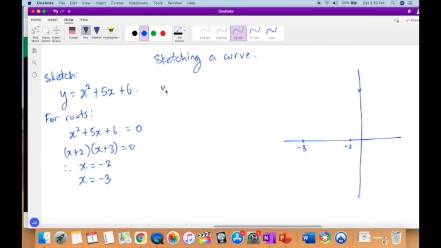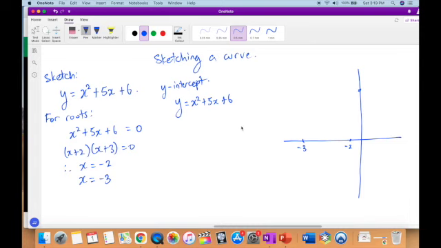What we will call the y-intercept. So we have y equals x squared plus 5x plus 6. How can I find where it cuts the y-axis? It'll be c. Yes, it is c. You remember that from the video. So you're absolutely right.